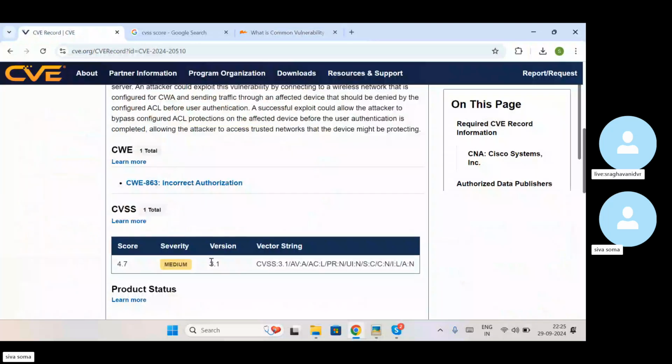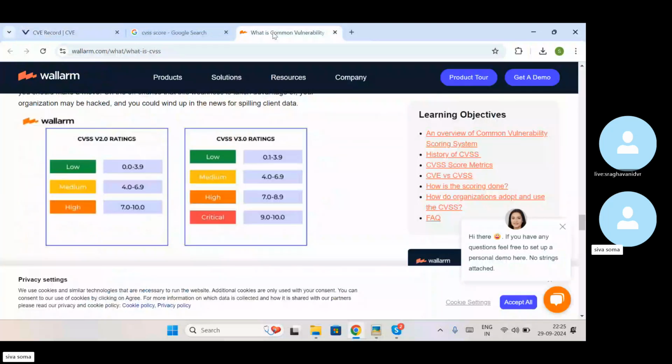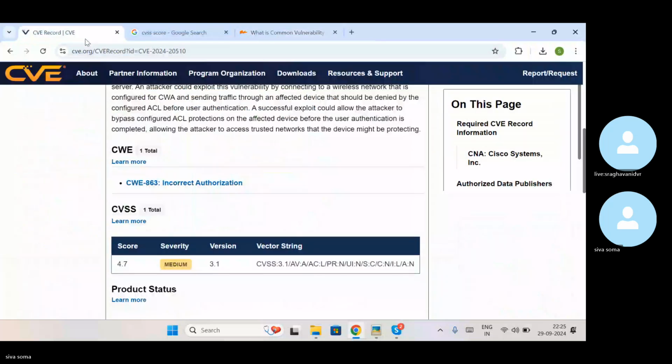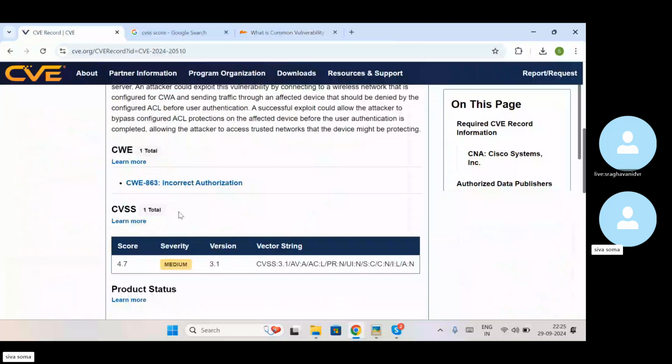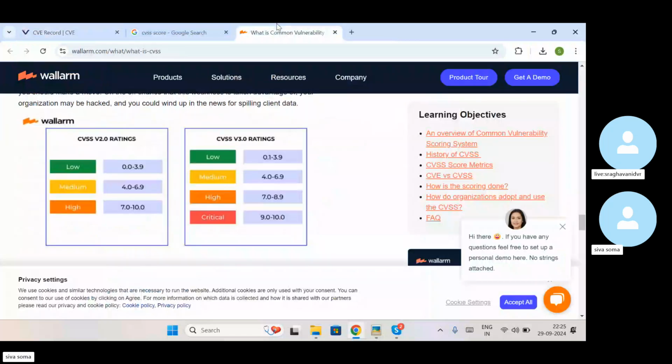Here you see it is 3.1, but they have mentioned using 2.0, so 4.7 comes under the medium category. This way they have classified.